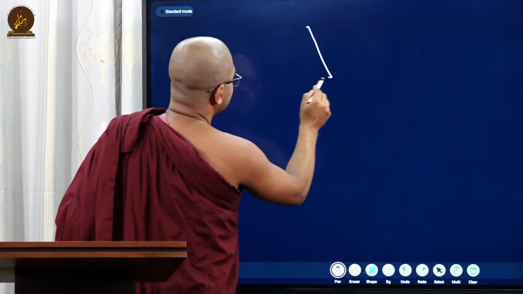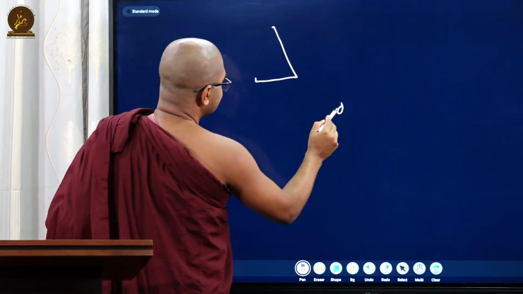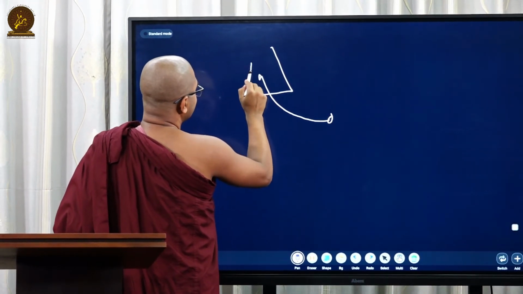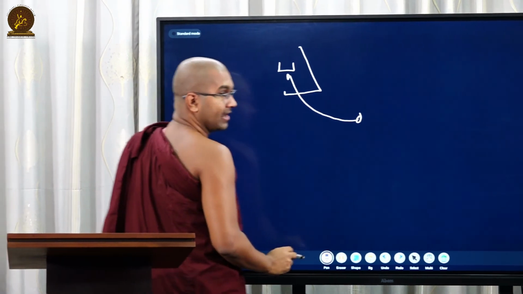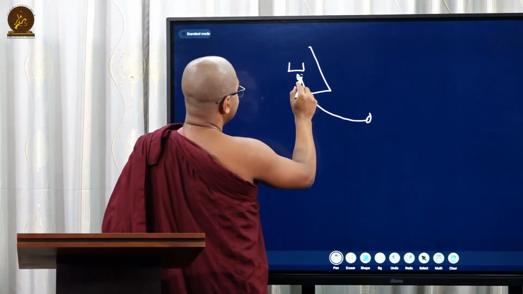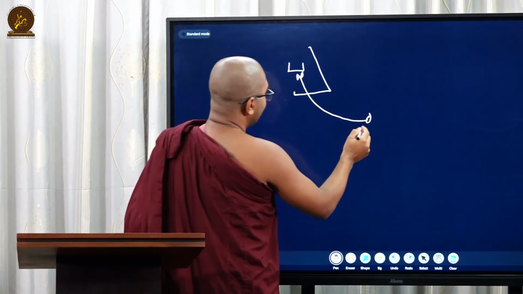Yeah, that is another very important point to discuss. Now, when these particles have to be carried and strike at the Ghana Pasada, right? They have to strike here. Now, who carries this?